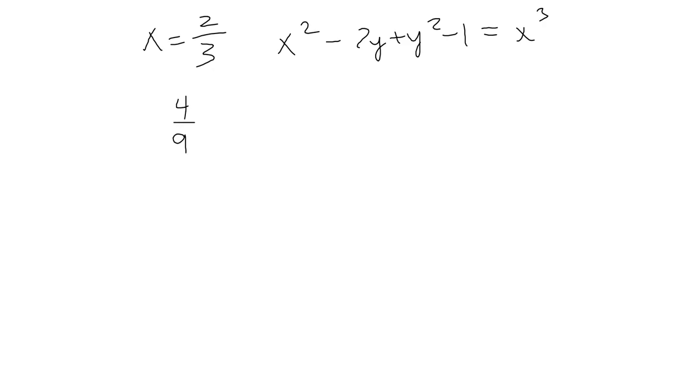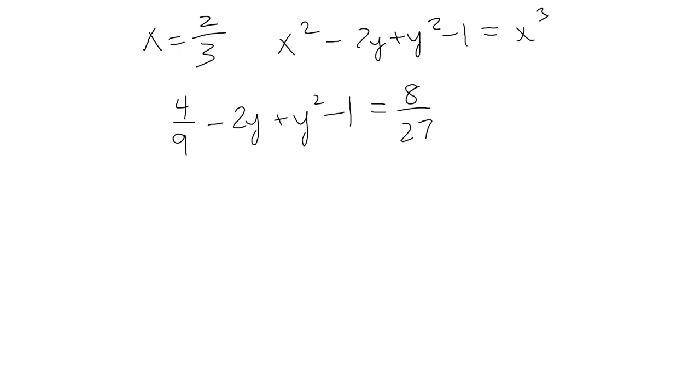So if we're going to do x equals 2/3 into our original, which was x squared minus 2y plus y squared minus 1 equals x cubed, then when we plug that in, we'll get 4/9 minus 2y plus y squared minus 1 equals 2/3 cubed, which would be 8 over 27.